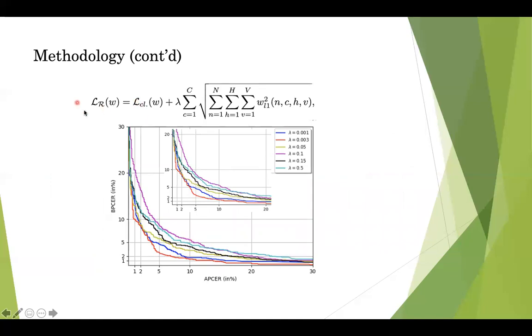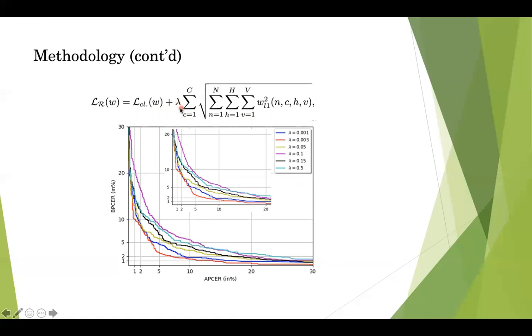In this equation, you see the regularized loss function of our deep neural network, which includes the classification loss, which is the binary cross-entropy loss, and the group sparsity constraint on the weights of the first convolutional layer.